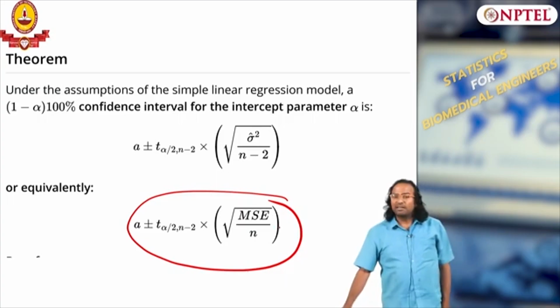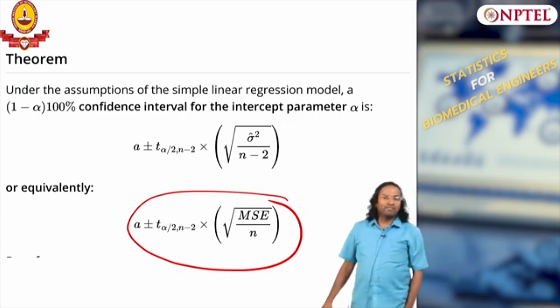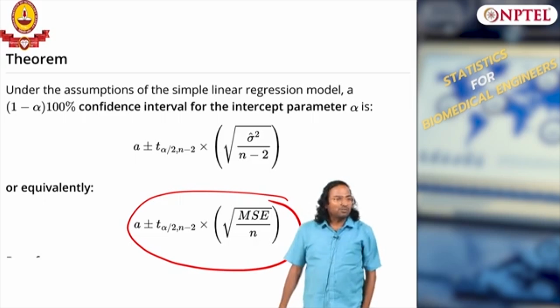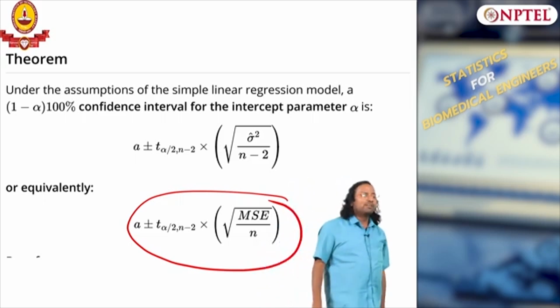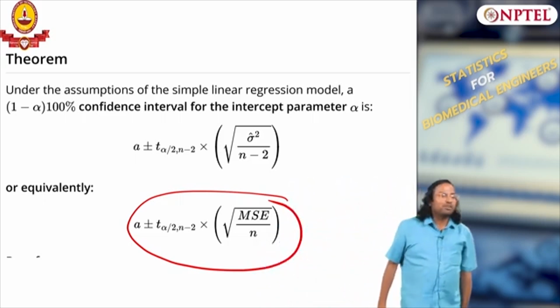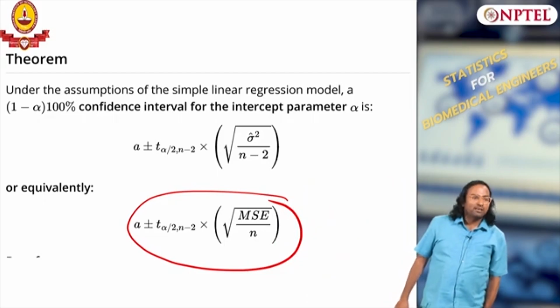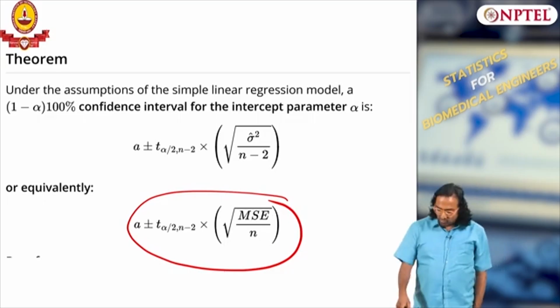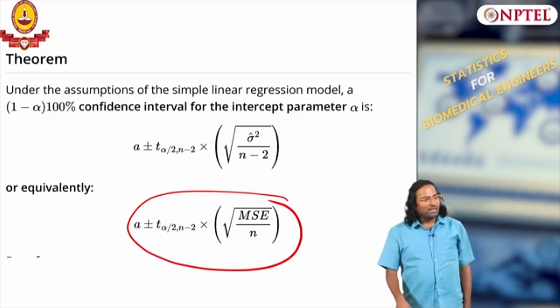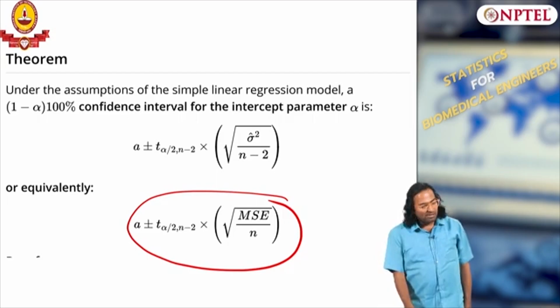Remember, when we learned the t distribution for paired or single t tests, we replaced sigma squared with the mean squared error. We replace sigma squared over n with this idea. So this is my boundary confidence interval for alpha.